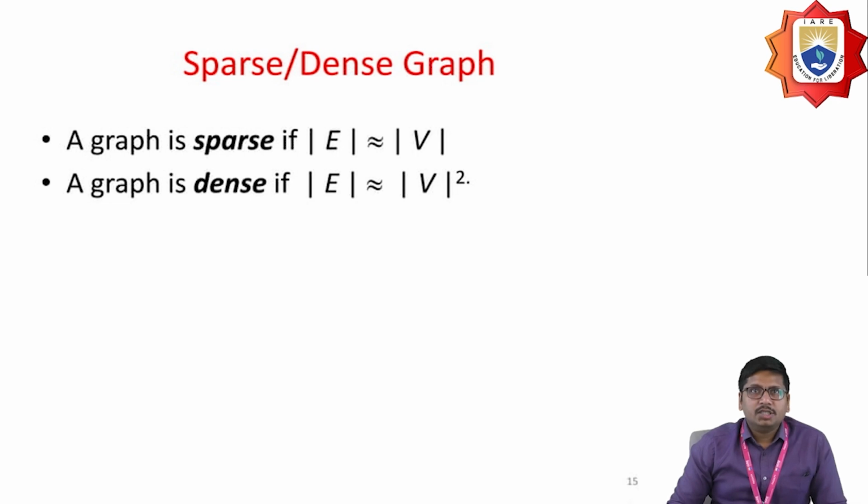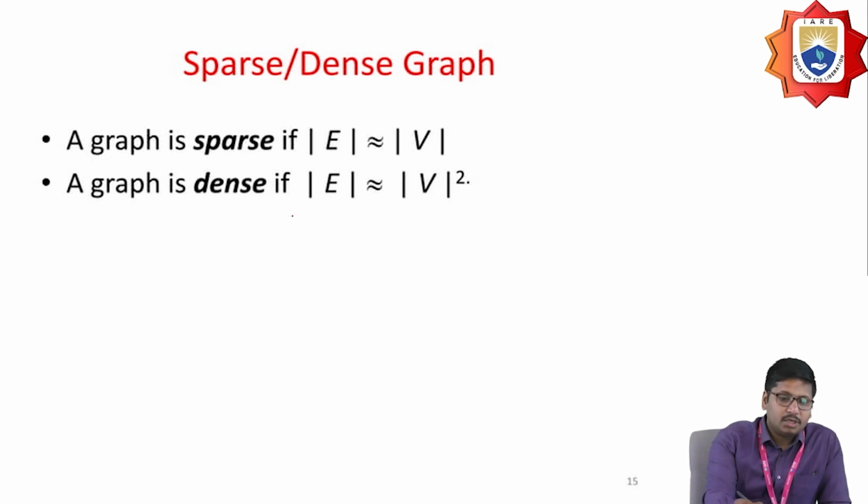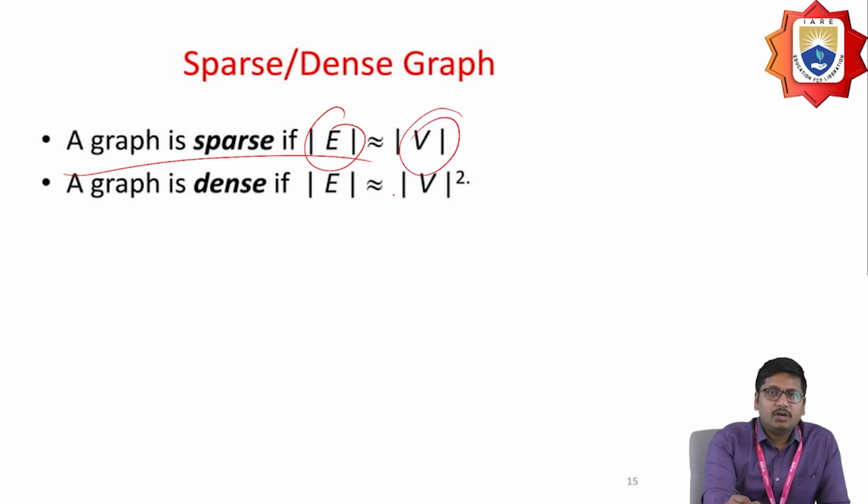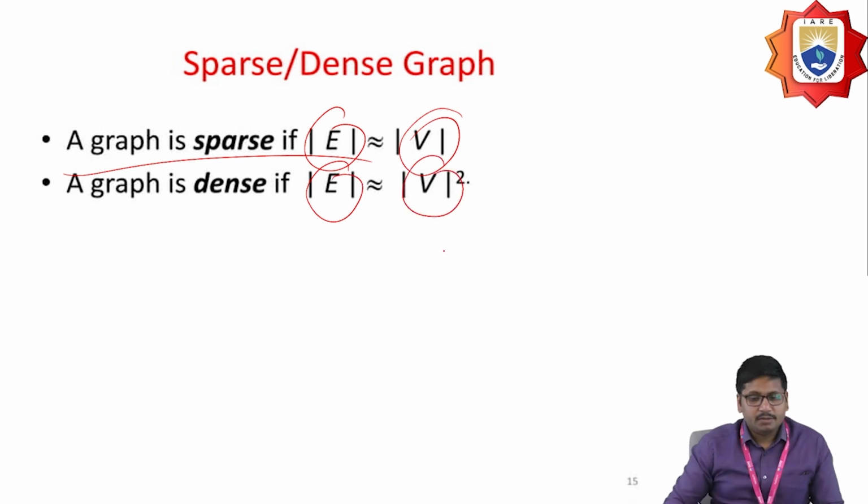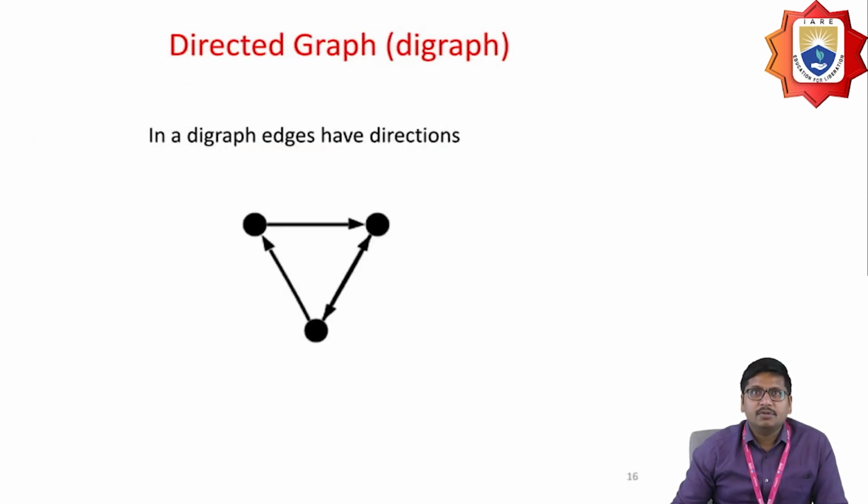And another definition we are going to see is the sparse graph and the dense graph. So what is a sparse graph here? A graph is said to be sparse if the modulus of E is about equal to the modulus of V, and a graph is said to be dense if the mod of E is about the mod of V squared. That is the sparse and dense graph. So what is a directed graph here?